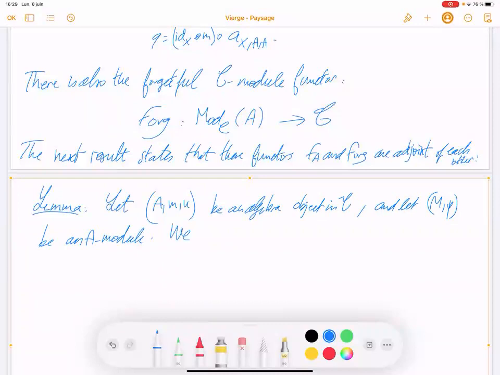So we have the natural isomorphism between the following two functors involving these two Hom spaces.